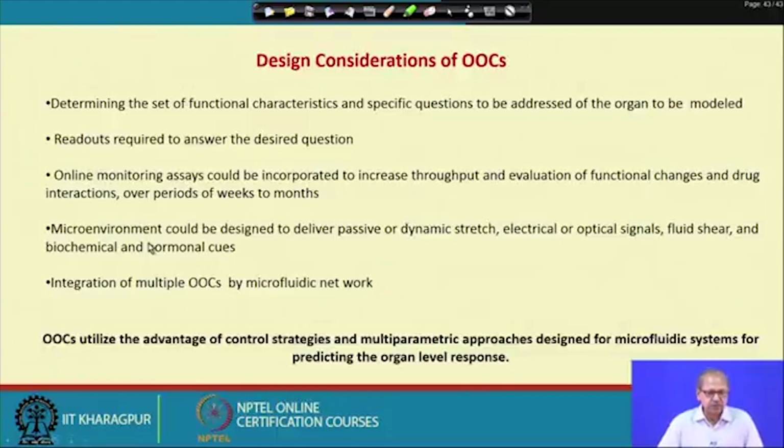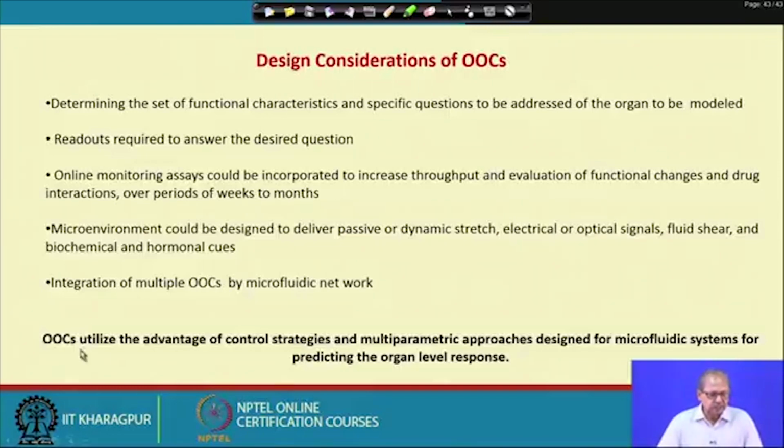Then manipulation of the microenvironment: passive or dynamic stretch, electrical and optical signals, fluid shear, and biochemical and hormonal cues, meaning both the biophysical and biochemical cues which comprise the microenvironment. And integration of multiple organ on chips by a microfluidic network, which will mimic different organs in our system, like heart, lung, liver, brain, kidney, gut in one platform by connecting through fluidic networking, so we can mimic human physiology.